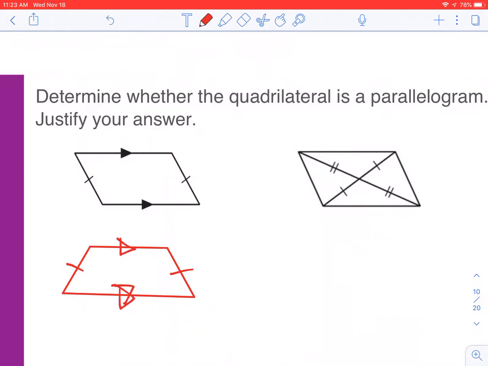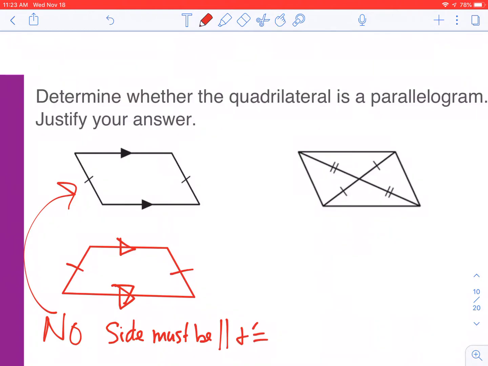Is that a parallelogram? No. This cannot be, because the sides must be parallel and congruent. That's the parallel symbol, not an 11.